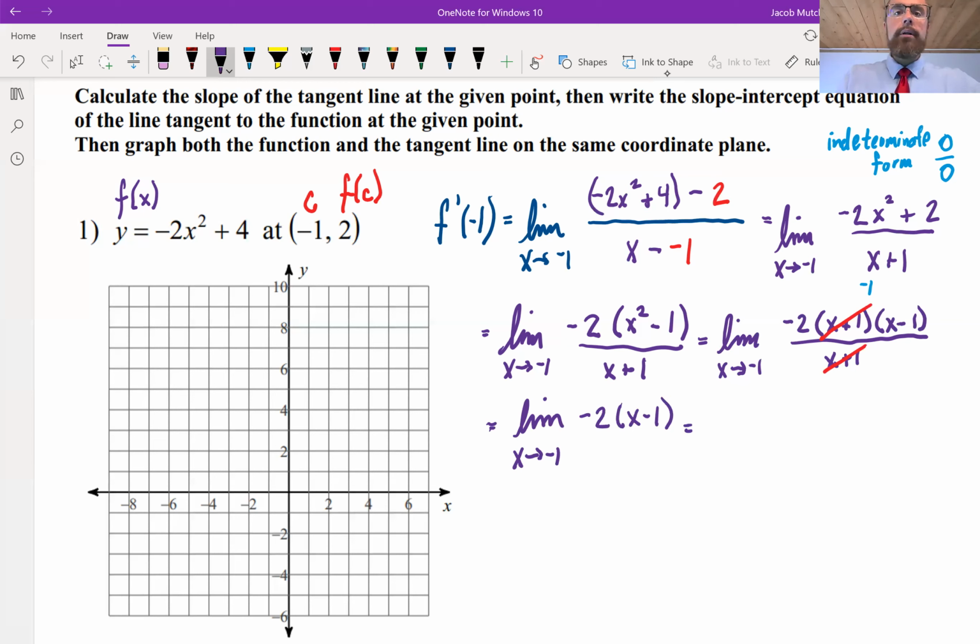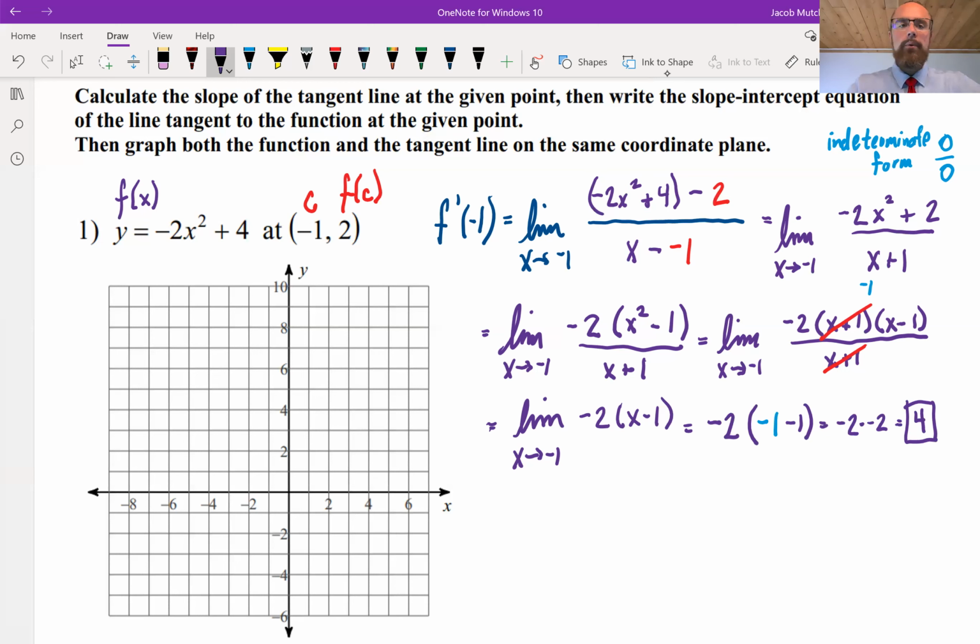And since I got rid of that term that was causing the indeterminate form by direct substitution, now I can use direct substitution to evaluate the limit. So I'm going to drop the limit notation. That becomes negative 2 times specifically the x value negative 1 minus 1. And that would become negative 2 times negative 1 minus 1 is negative 2. Negative 2 times itself is 4. So it turns out that the slope of the tangent line at negative 1, 2 is 4.